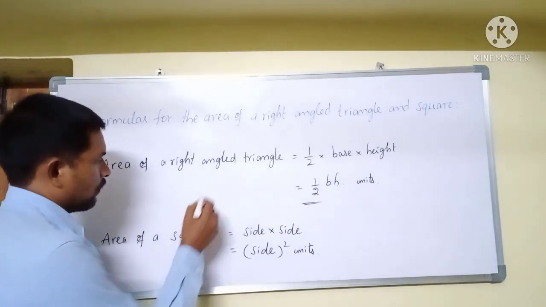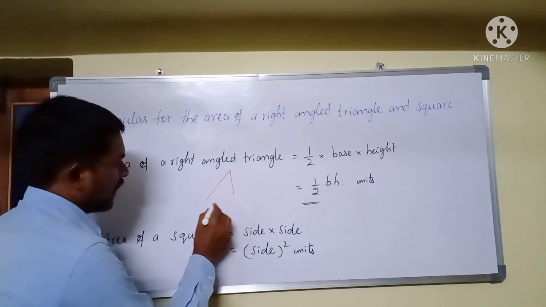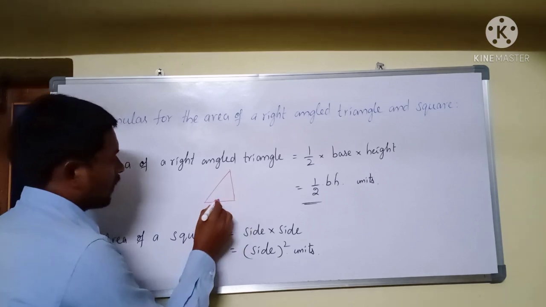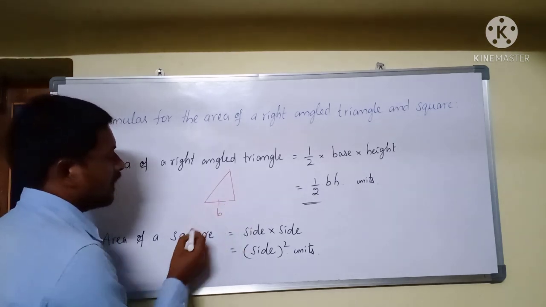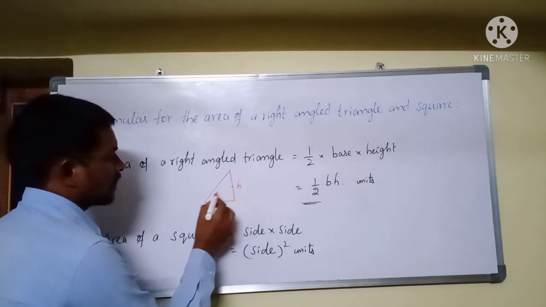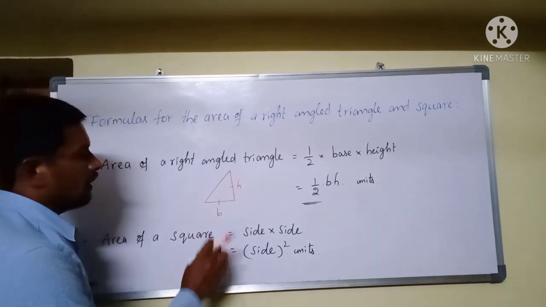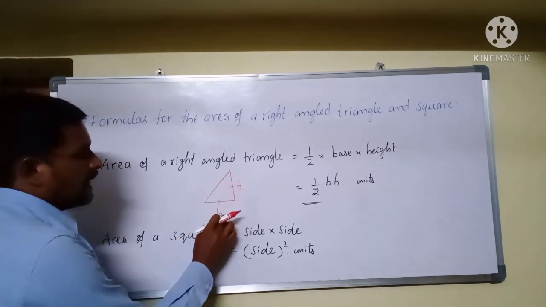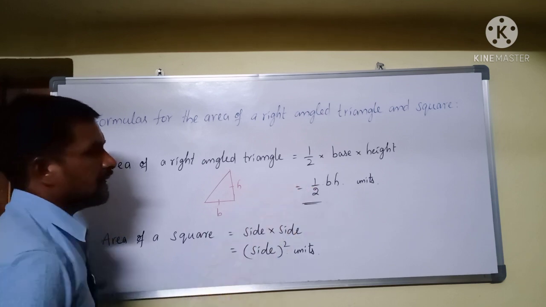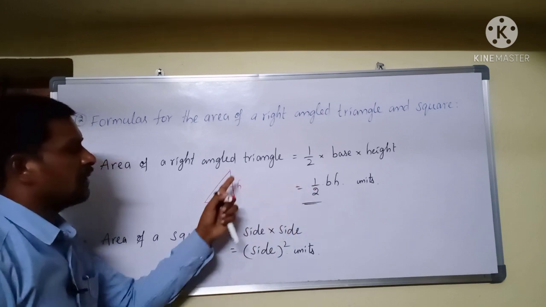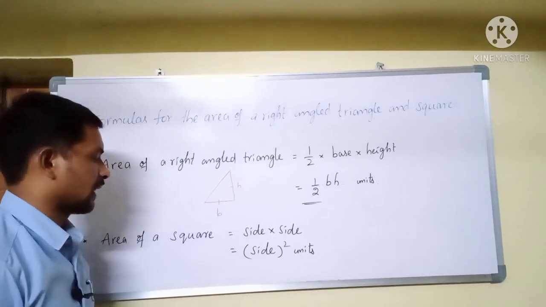Suppose this is the right angle triangle, here this is the base B and this is the height H. So half of the base into height is the area of a right angle triangle.